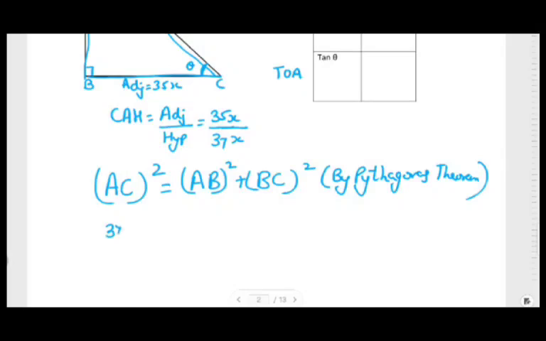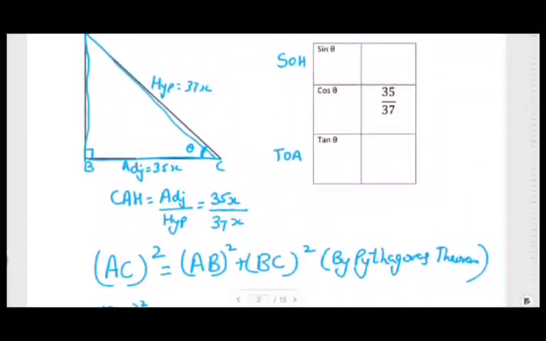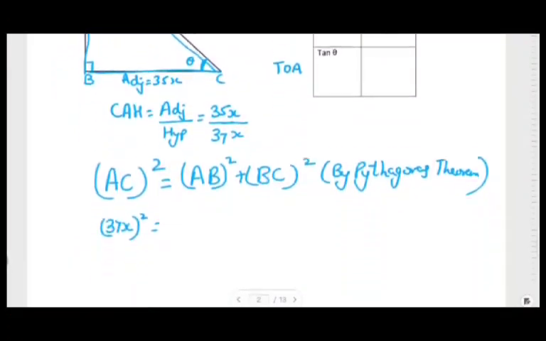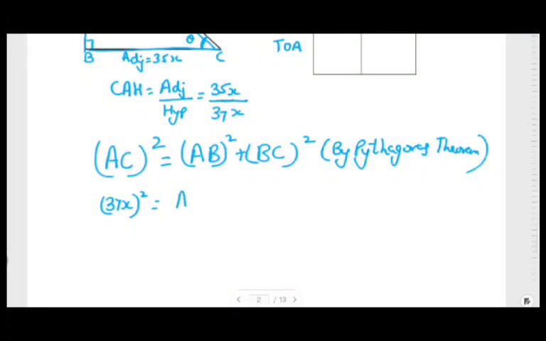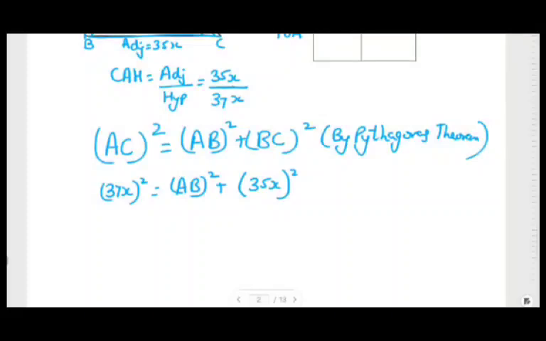So 37x the whole square. What's my AB value? Nothing. Let me write opposite out here. My opposite value is not given, so I'll let this be. And my BC value, which is here, which is my adjacent, is 35x and the whole square. Right?